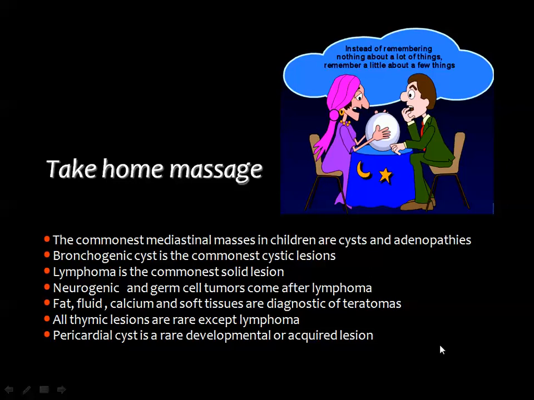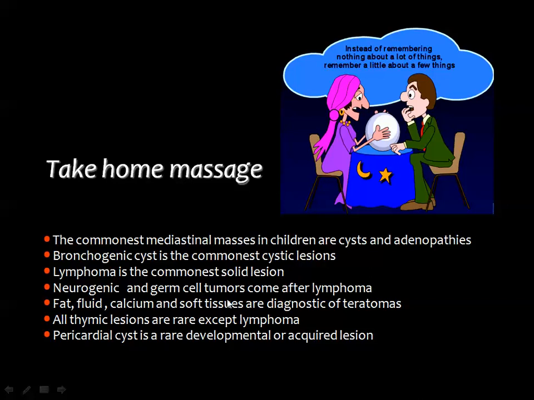Finally, there are some facts to be remembered. The commonest mediastinal masses in children are cysts and lymph nodes. Bronchogenic cyst is considered the most common cystic lesion in the mediastinum of the child. Lymphoma is the most common solid lesion.